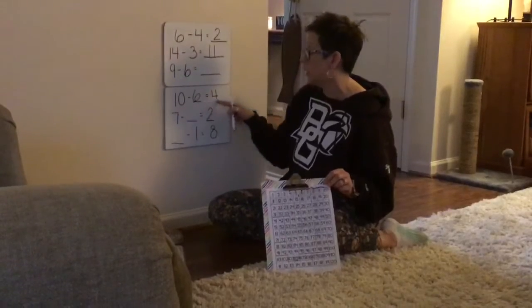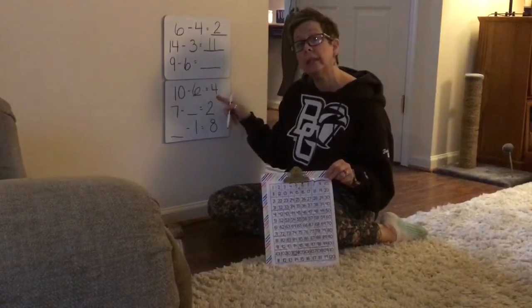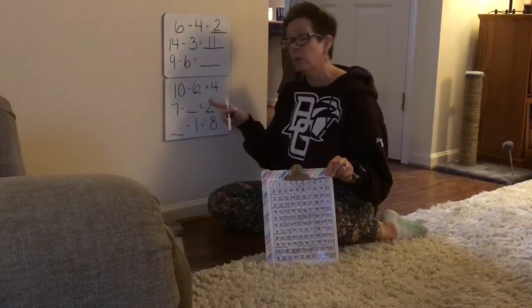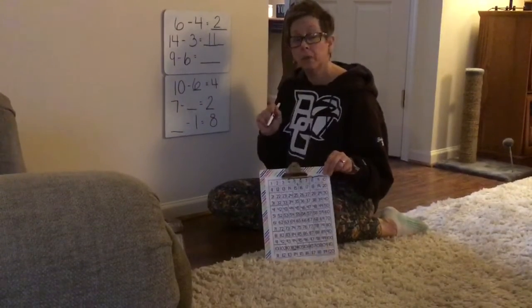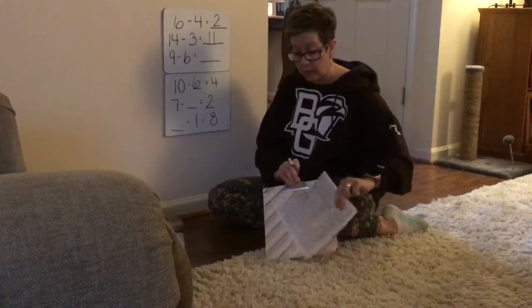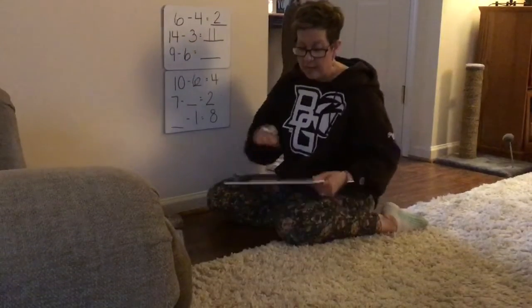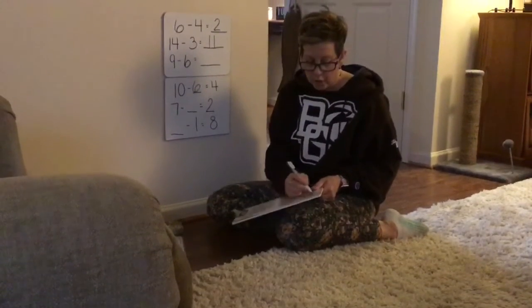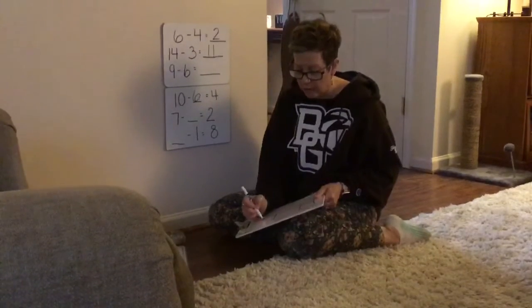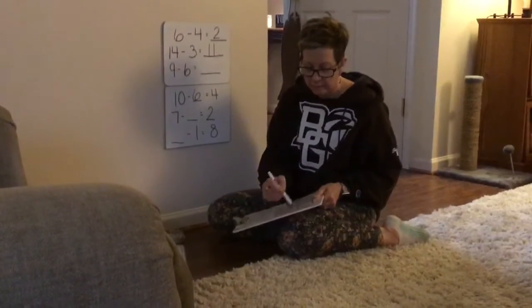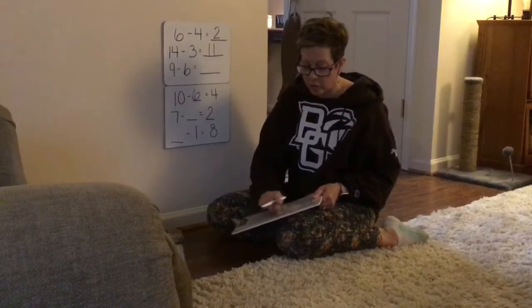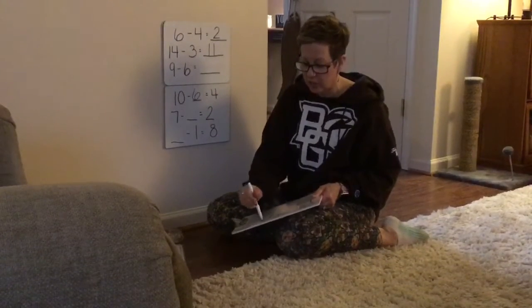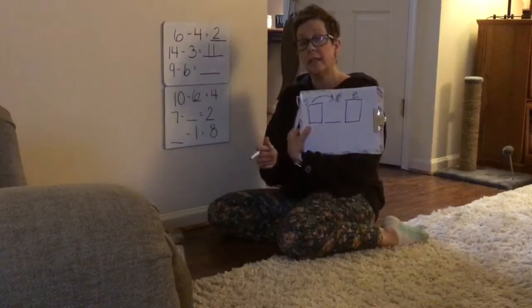So these ones with the missing parts, you can either subtract or add, whatever you feel more comfortable with to find that missing part. You could also do a start, change, end diagram. So you have your start, your change, and your end diagram.